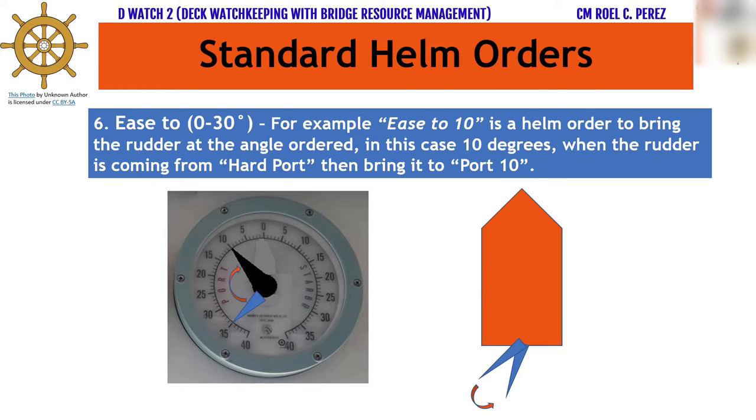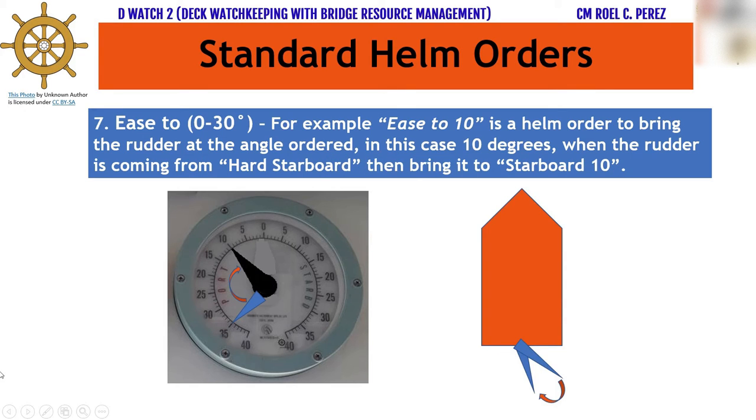Number 6. Ease to 0 to 30 degrees. For example, ease to 10 is a helm order to bring the rudder at the angle ordered, in this case 10 degrees, when the rudder is coming from hard port, then bring it to port 10.